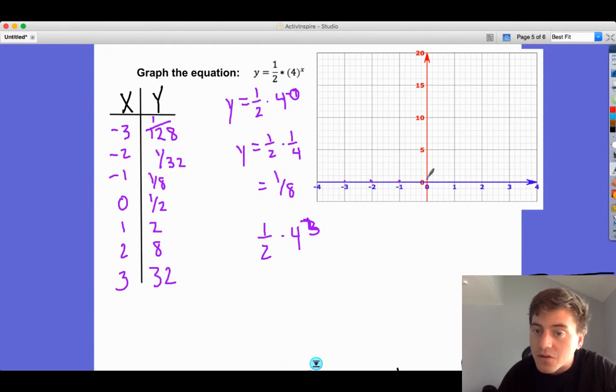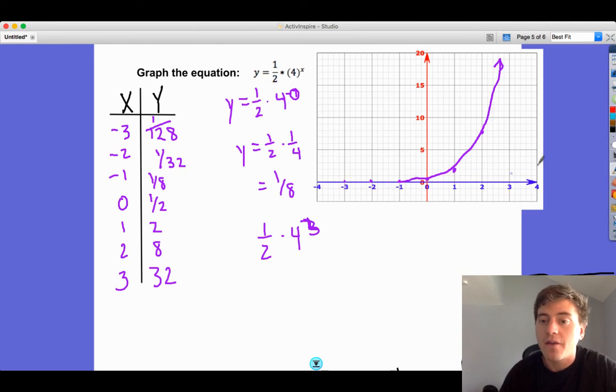So this should be 1/2 of the way up to 1. And then on 1, it should be 2. At 2, we're going to 8. And then at 3, we're going to 32. So I don't know where that is, so I'm just going to take this curve and head it up towards 32.